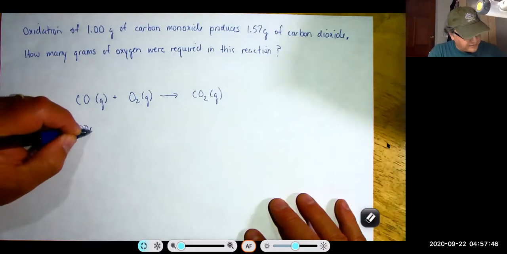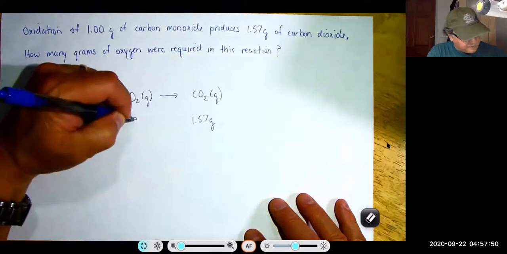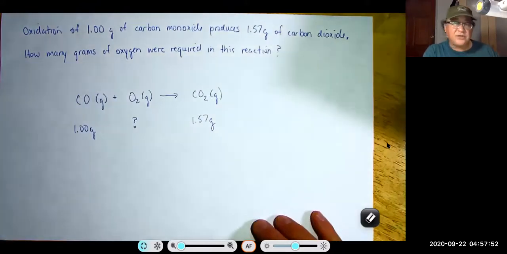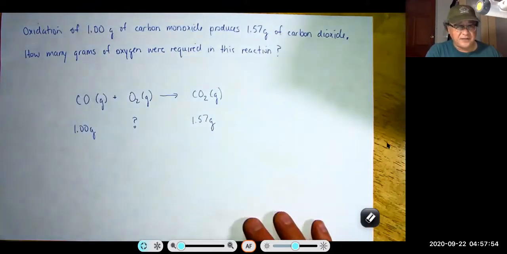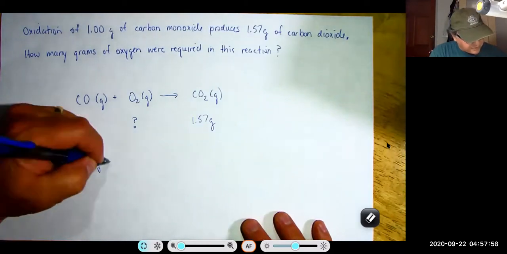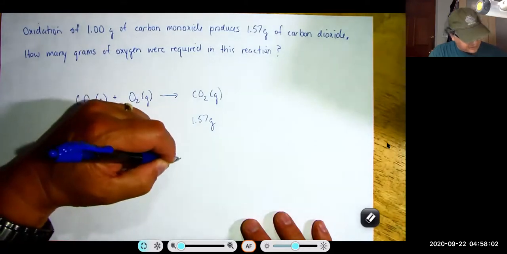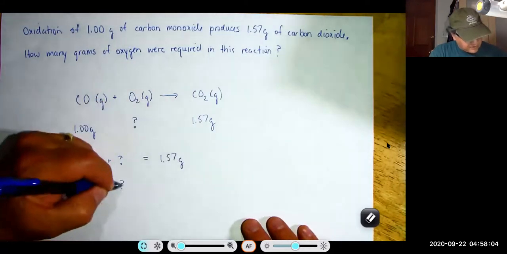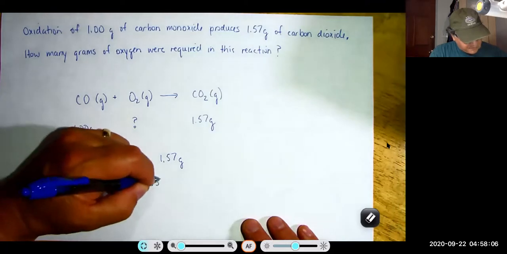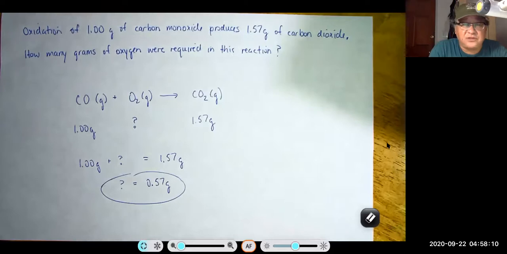This is 1.00 grams and this is 1.57 grams, and this is what we want to figure out. Well, what does the law of the conservation of matter say? Well, it says that 1.00 grams plus this question mark has to equal 1.57 grams. So the question mark is clearly 0.57 grams, and that's our answer. That's how many grams of oxygen we need in this reaction.